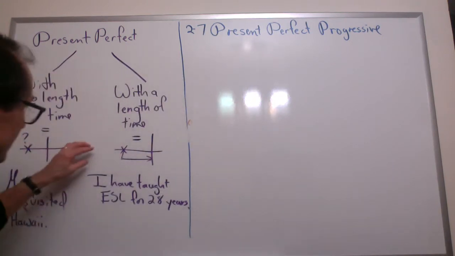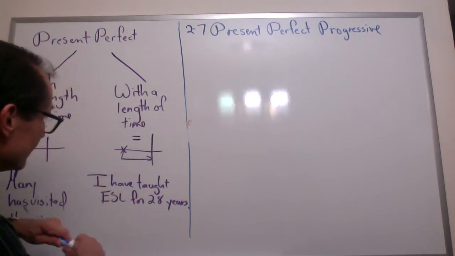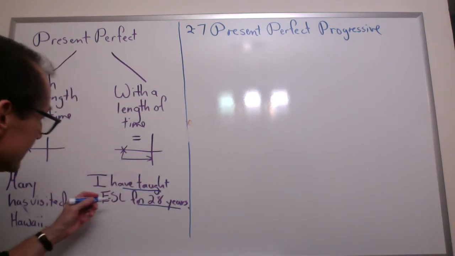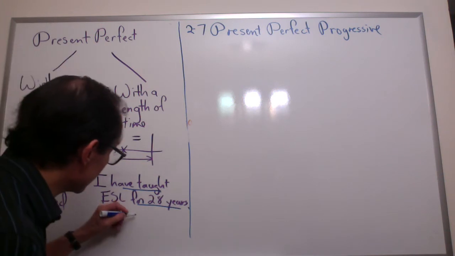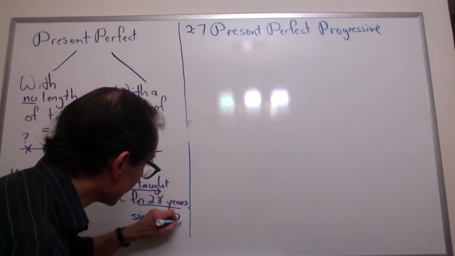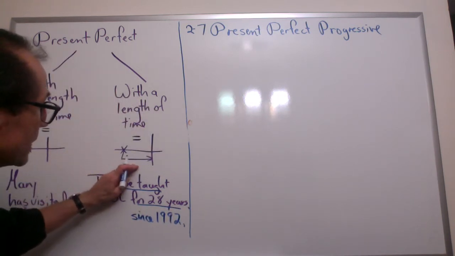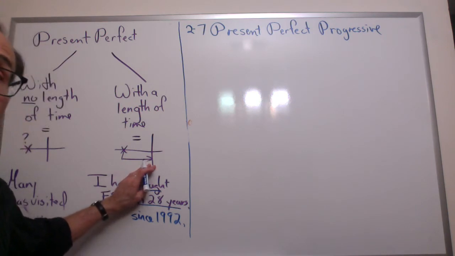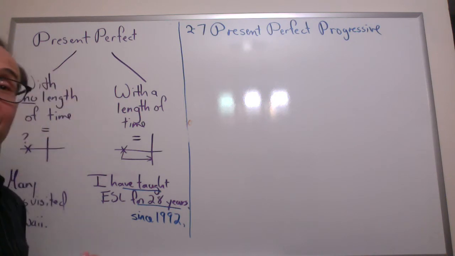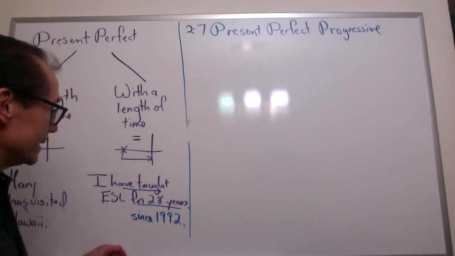And so it means if I use present perfect, have taught, with a length of time, 28 years, this is 2020, so I could also say since 1992, then it means that I started 28 years ago and I've continued to teach ESL until now. So right now I'm teaching ESL to you on a video. I started 28 years ago and I have continued to do that all the way until now.